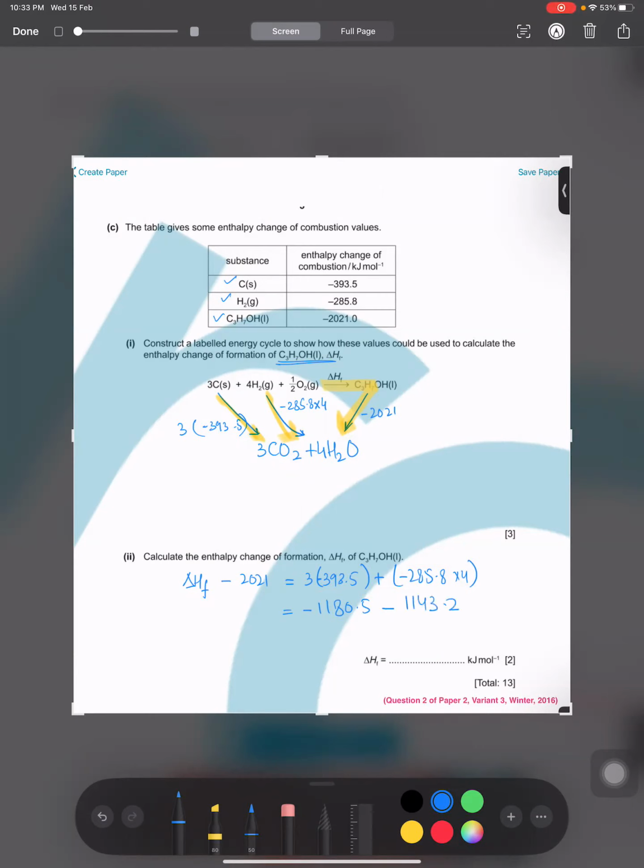So when we add these 2 values, this will be 2323.7 in negative, and this is negative, so when it comes over here it should be positive, so it should be 2021. So when you subtract 2021 from this, it would give you 302.7 in negative. Is that right, children?